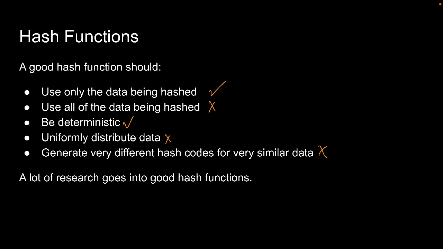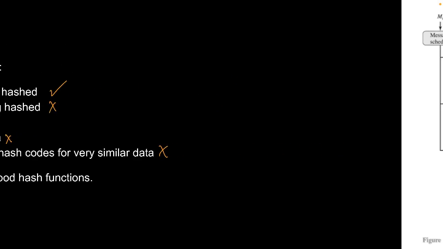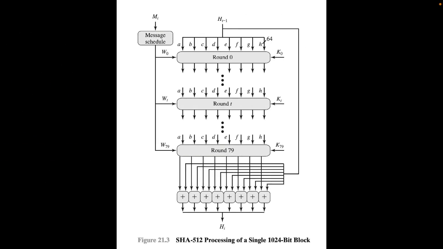Anyway, I was just curious if anyone had thought ahead of time about how they are really storing your passwords. They better not be storing them as plain text. They should be using, as Elizabeth talked about a little bit, some sort of cryptographic algorithm to hash it. A lot of research goes into good hash functions. I took a course in security last semester. This is one of the most popular hash functions used today.